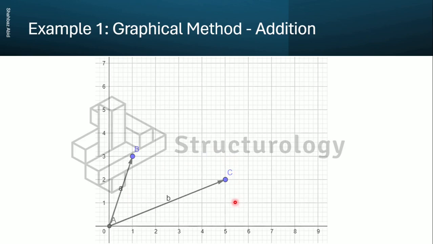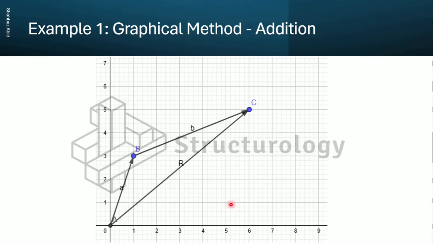So I have vector A, and I have placed the tail of vector B on the head of vector A without changing its orientation and without changing its magnitude, basically also its direction.